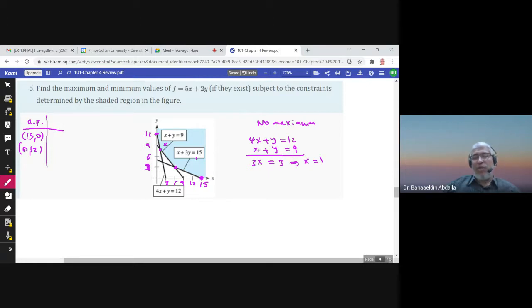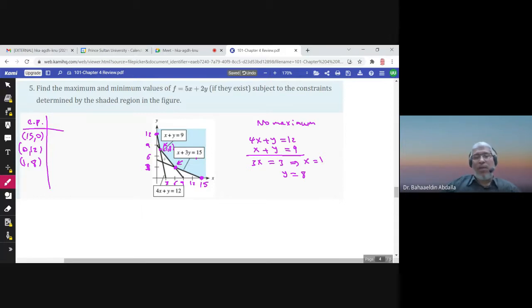And if I put it in the second equation, y is 8. So actually this point is 1 and 8, has coordinates 1 and 8. And it seems correct. Now the last corner point would be this one.